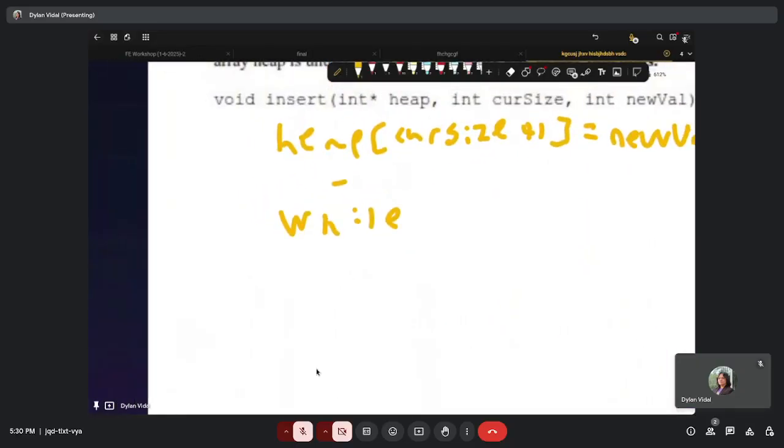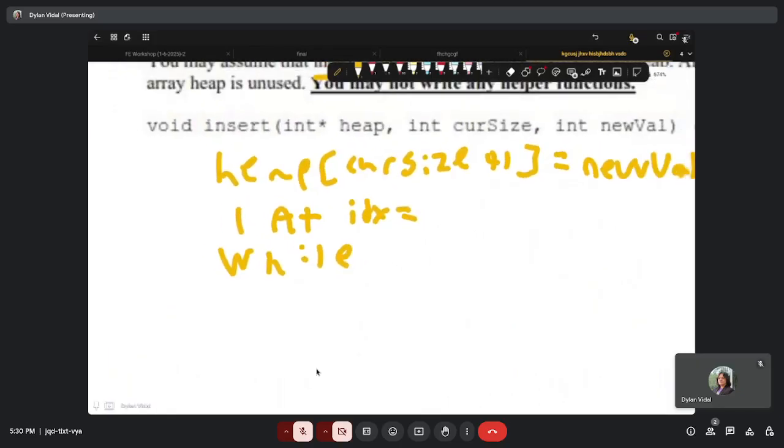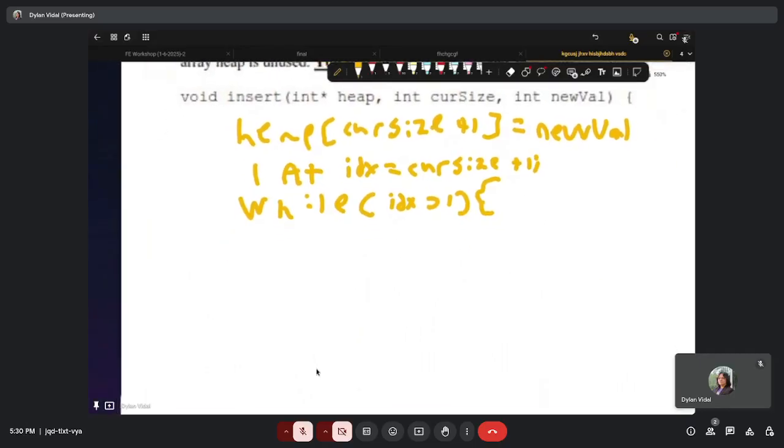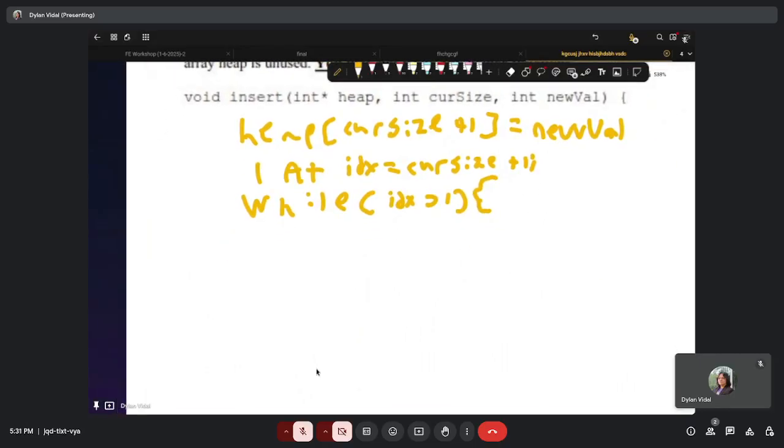So up here we're going to want to have a variable called index, and currently we're at cur size plus 1. Then, while index is greater than 1, we could start percolating up if we can.